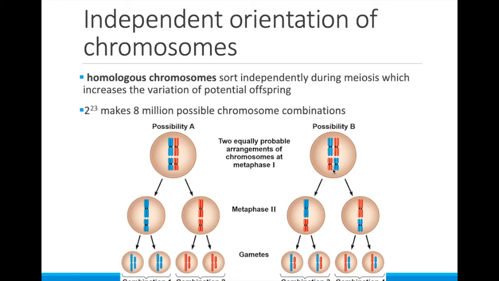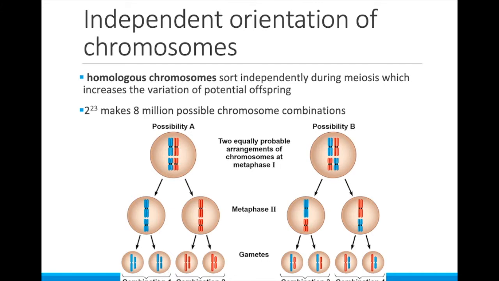So there's 2 different possibilities for lining up during metaphase 1. This is called the independent orientation of chromosomes. What these 2 chromosomes do and what these 2 chromosomes do are completely independent. It could happen as possibility A or B, and it's random.